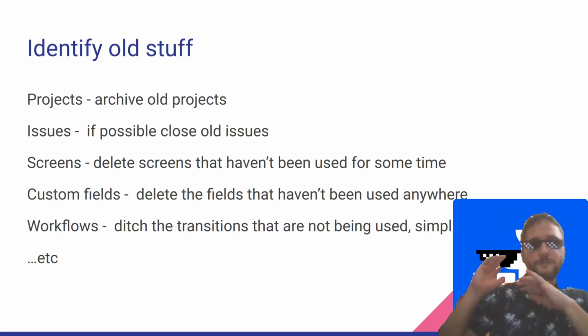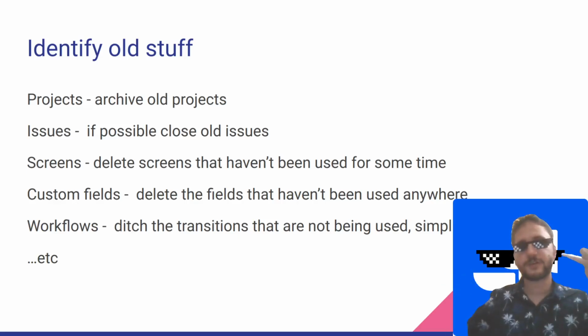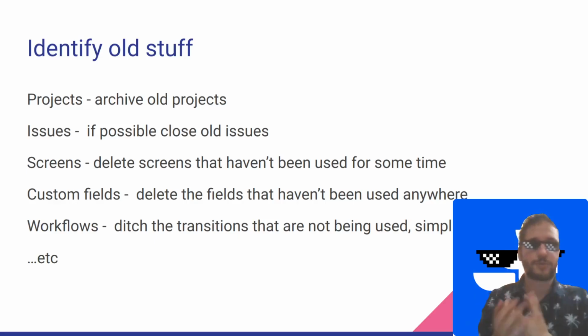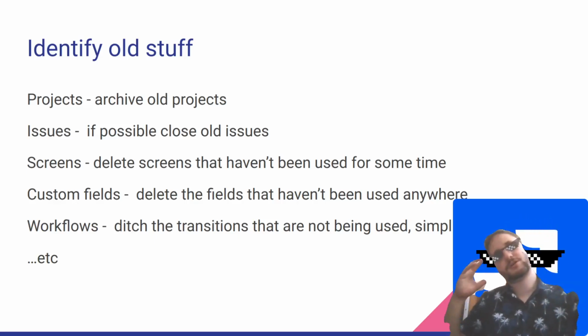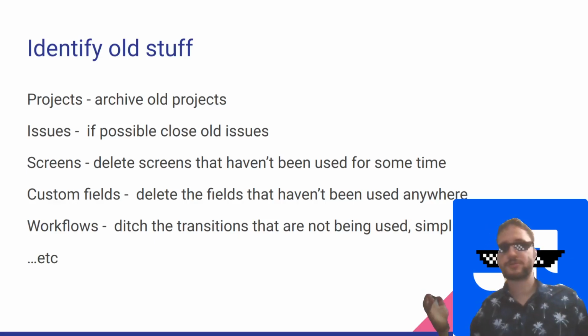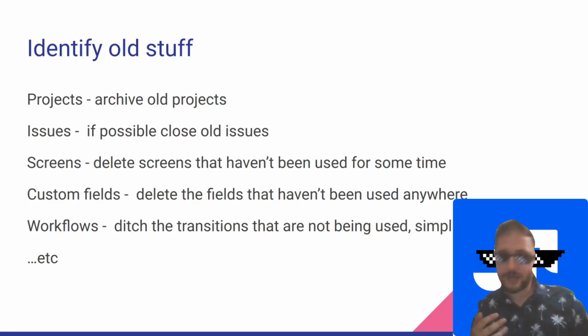So the very first thing is to identify the old stuff. I'm talking about projects, screens, issues, custom fields, workflows, all of the other schemes, basically everything that is old. For projects, if you have projects that have not been used for maybe 6 months or a year, archive them.